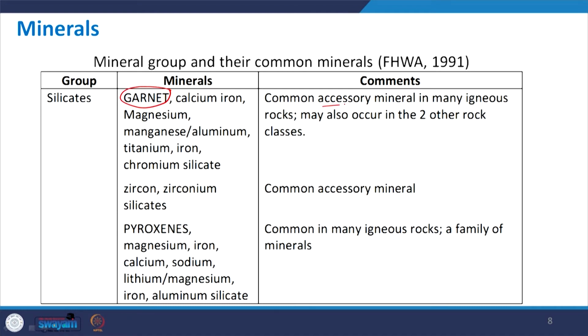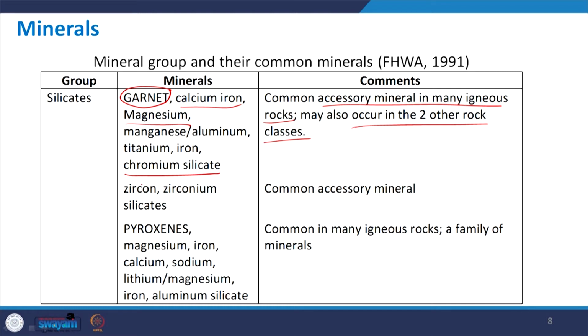It is a common accessory mineral in many igneous rocks, and it may also occur in the two other rock classes, that is sedimentary and metamorphic. It has calcium, iron, magnesium and aluminum, titanium, iron and chromium silicate as minerals.